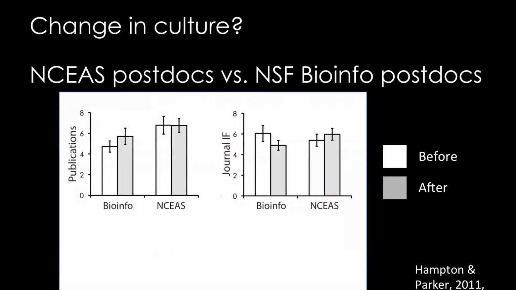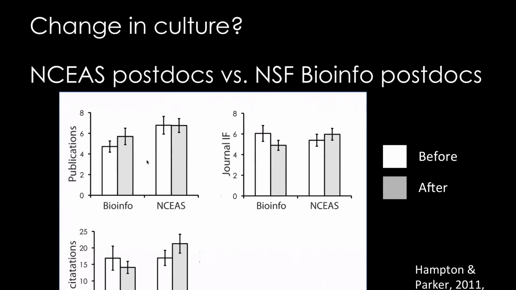And what we found, not surprisingly, both very productive groups with lots of publications before and after their postdocs, and then also excellent citation rates before and after their postdocs. The big difference was that NCEAS postdocs, after their postdocs, had significantly more authors.